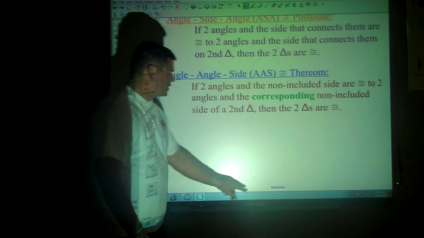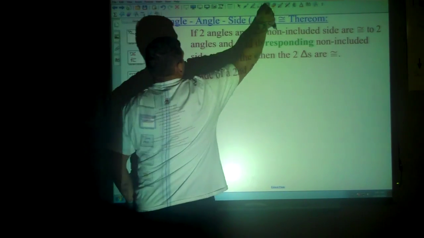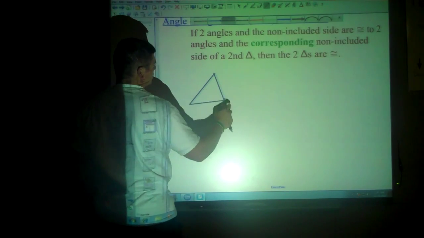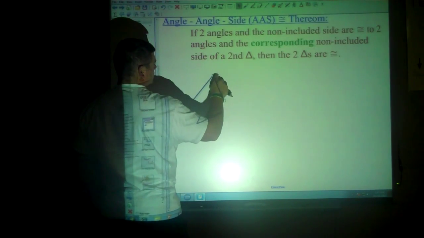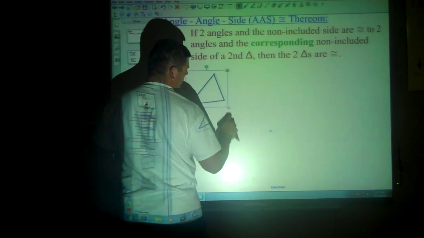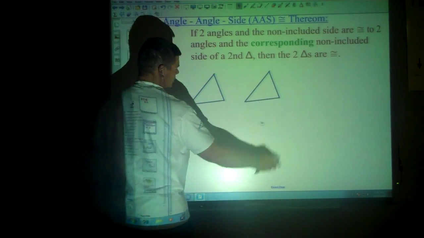Now people say, I don't understand what you mean by that. So let me draw a real quick triangle. Now I'm going to clone it, because obviously those two are the same. If I clone it, then you'll believe me.